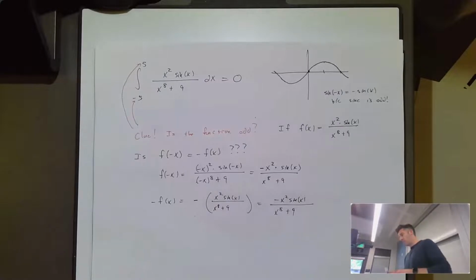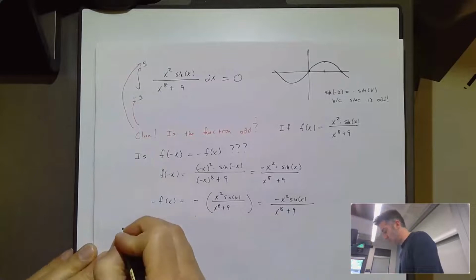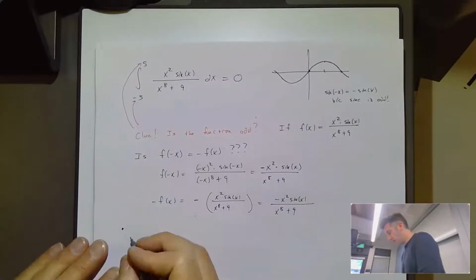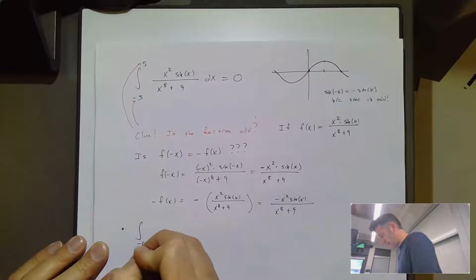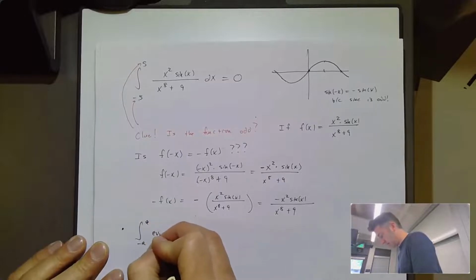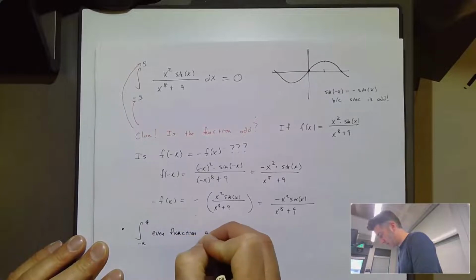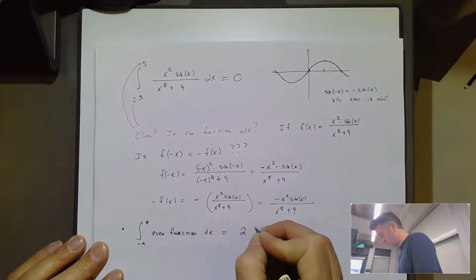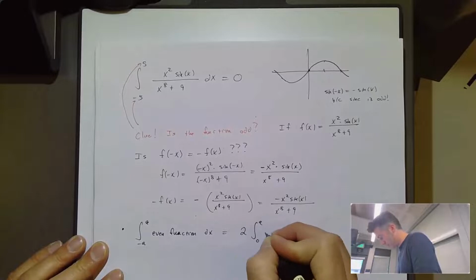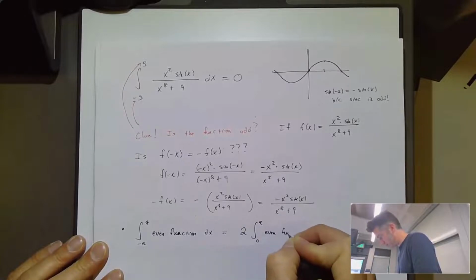The other last integral property for now that is less cool, but is still cool, is that the integral from -a to a of an even function, which again, I cited this one earlier, is equal to double the integral from 0 to a of the same even function.